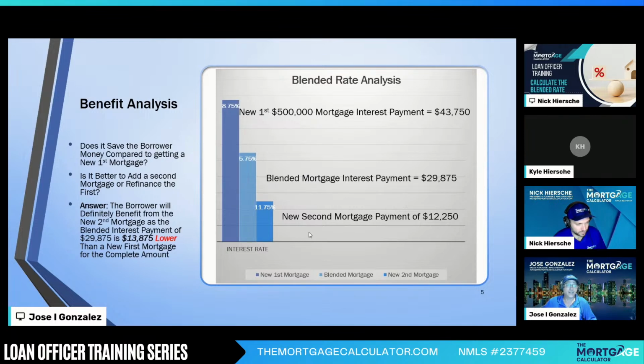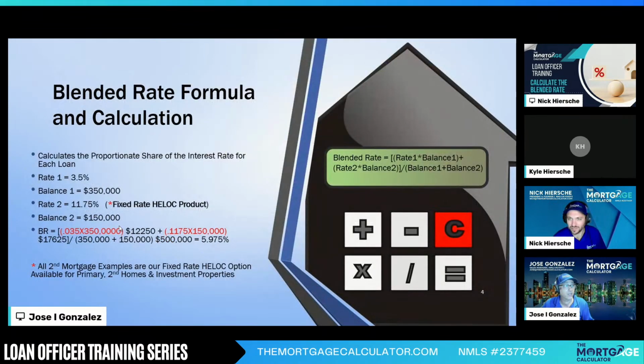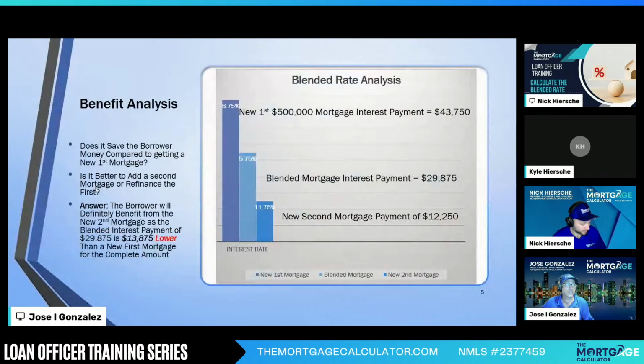The new second mortgage, the math is incorrect there. The new second mortgage has an interest of 17,625. I transposed my numbers. Excuse that.